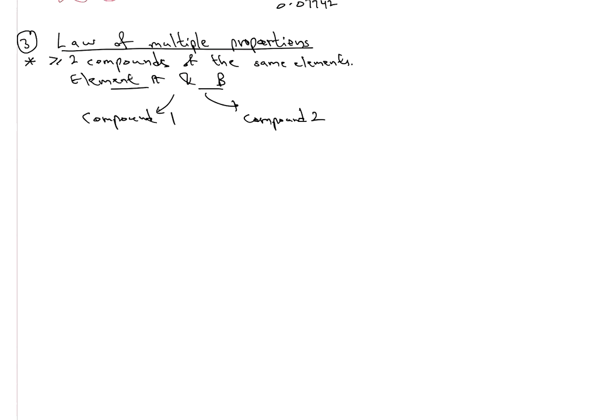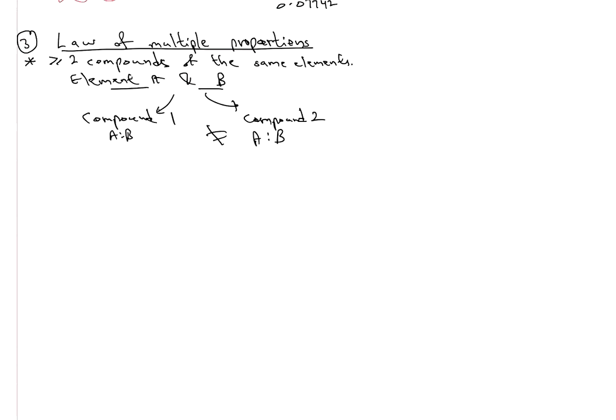Now, of course, if compound 1 and compound 2 are identical, that means they are the same compound, then you're talking about the second law, the law of definite proportion or fixed composition, where the ratio of A to B in both the compounds will be the same. But because the ratio of A to B in compound 1 is not equal to the ratio of A to B in compound 2, these two compounds are different compounds.